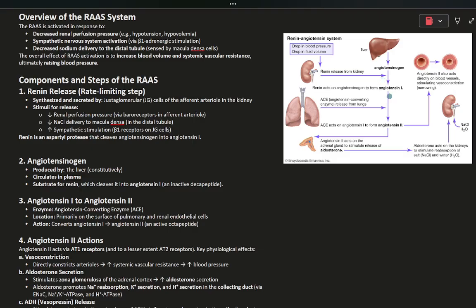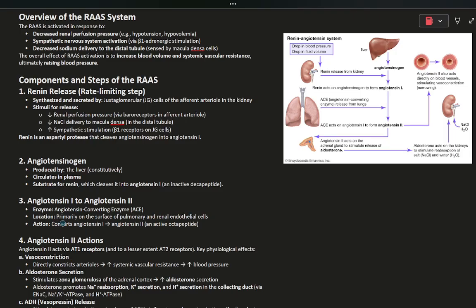Afterwards, we have another important step, which is the conversion of angiotensin 1 into angiotensin 2. And this will be carried out by the enzyme called the angiotensin converting enzyme, also known as ACE. The location of this conversion occurs primarily on the surface of pulmonary and renal endothelial cells.